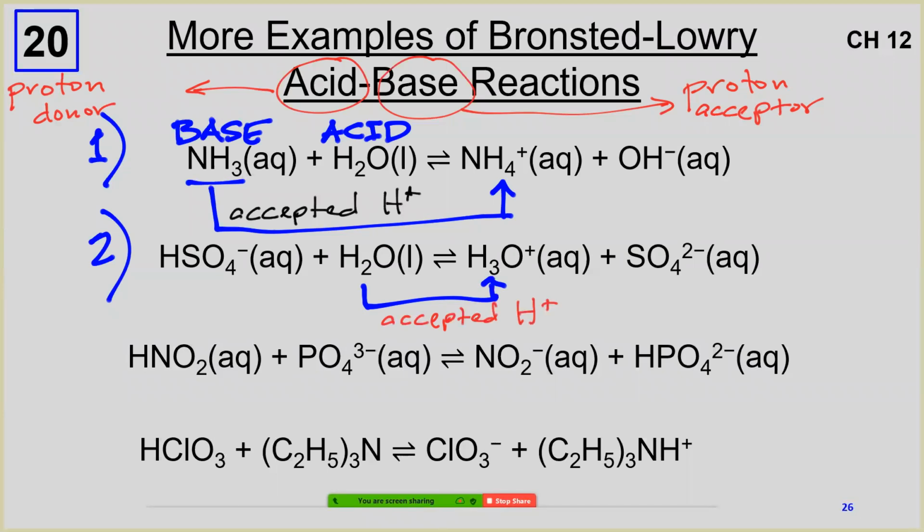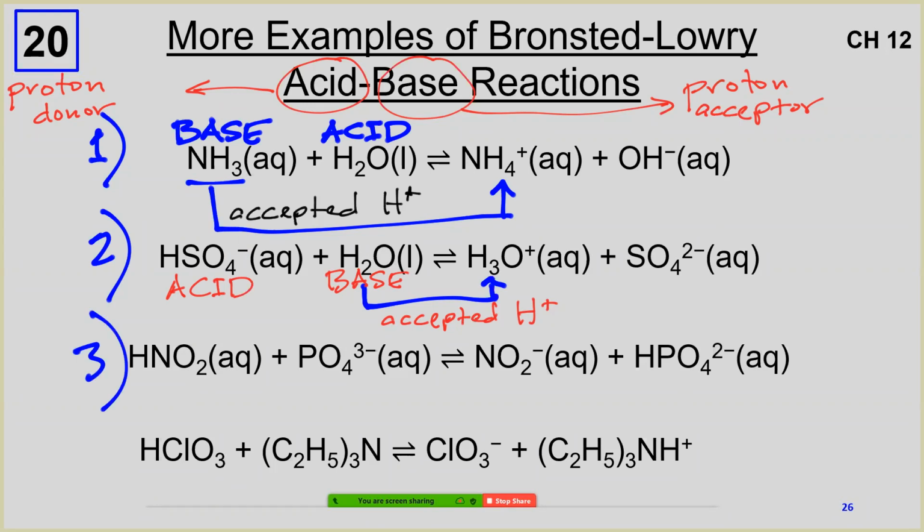And so in that case, water is acting as a base, and therefore the other one must be the acid. You can see that HSO4 minus turned into SO4 2 minus. So it donated a hydrogen.